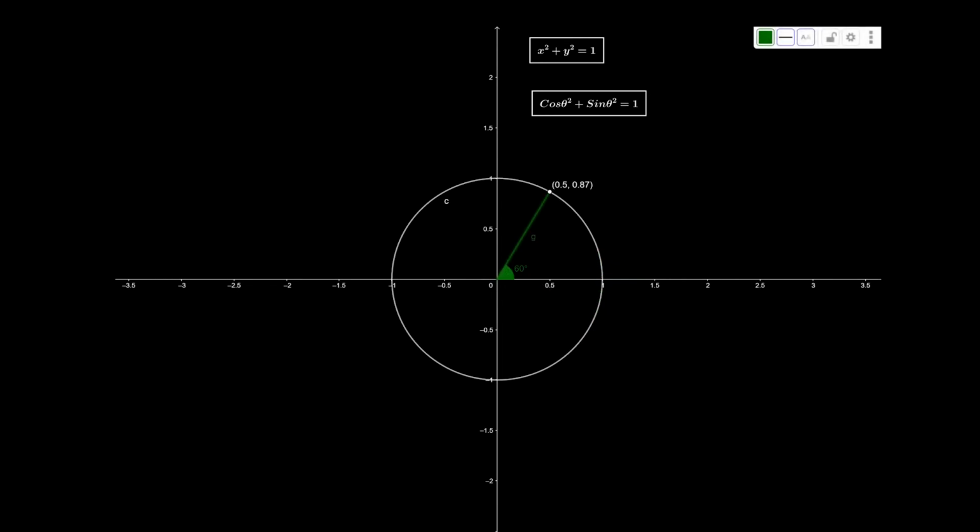So cosine of 60 degrees, cosine of 135 degrees, cosine of 240 degrees, and cosine of 300 degrees are 0.5, minus 0.71, minus 0.5, and 0.5 respectively.